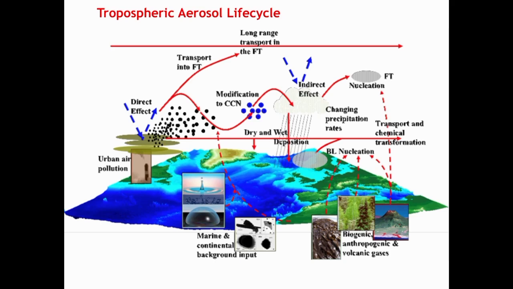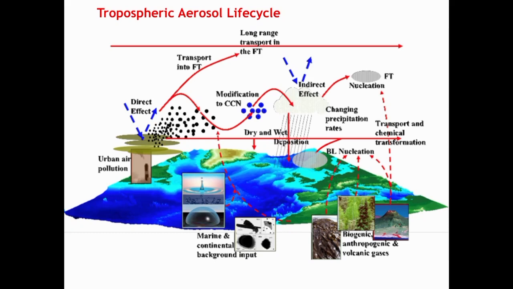Okay, so I'll leave you with that slide, which shows a little bit about how the different sorts of aerosol interact in the evolving atmosphere, and gives you a little bit of a picture of the life cycle of the aerosol.